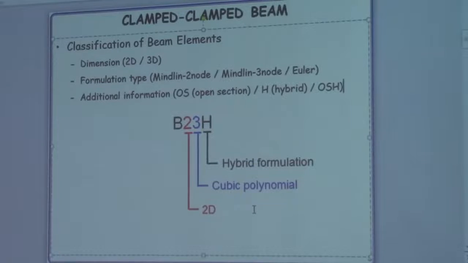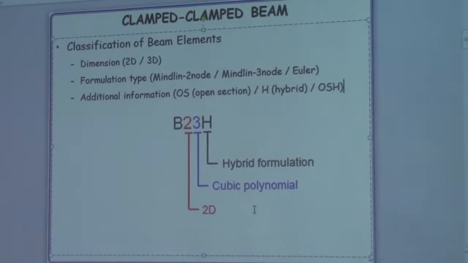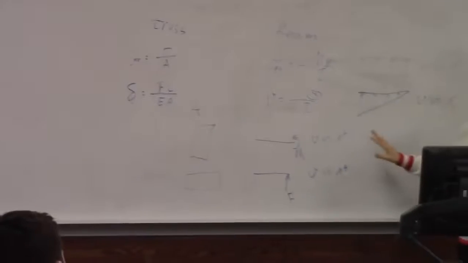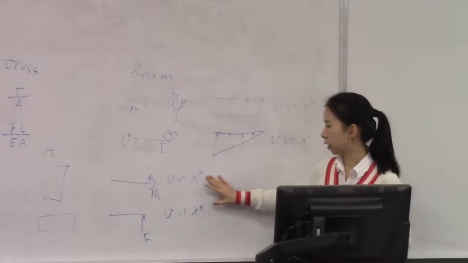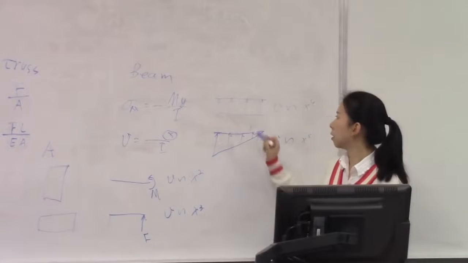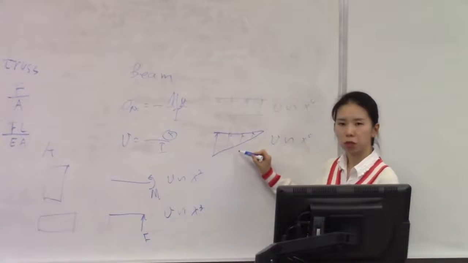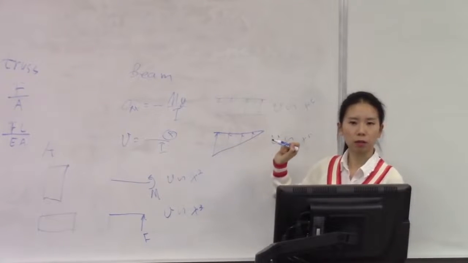So this means that if the beam is subject to bending moment or concentrated force, one element will give you an accurate result, right? Because this is like second order and cubic. But if it has a constant distributed force or linearly changing distributed force, this beam element can only approximate. Do you know what I mean?